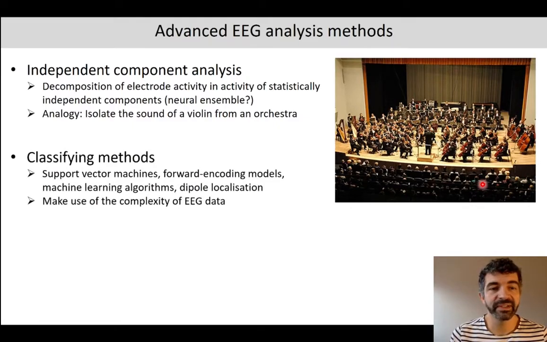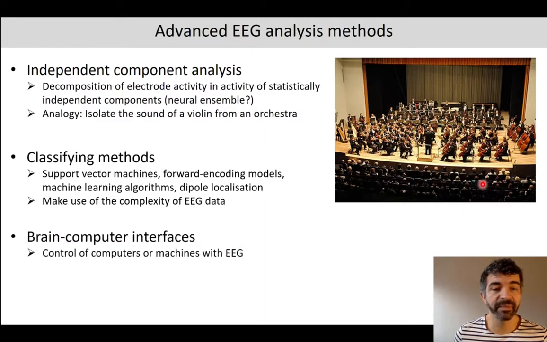Another method is classifying methods, so for example support vector machines, forward encoding models, machine learning algorithms, or dipole localization, and these classifying methods make use of the full complexity of EEG data with computationally demanding approaches and algorithms.